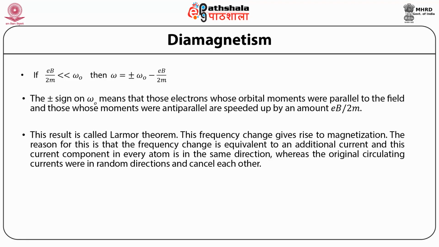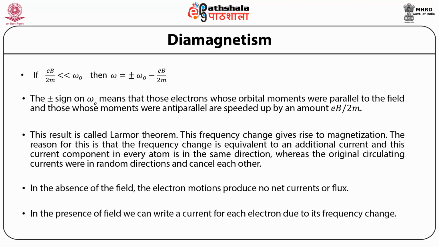The reason for this is that the frequency change is equivalent to an additional current, and this current component in every atom is in the same direction, whereas the original circulating currents were in random directions and cancel each other. In absence of the field, the electron motion produces no net current or flux.